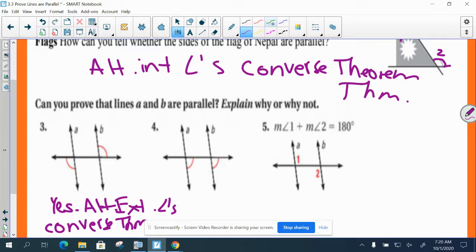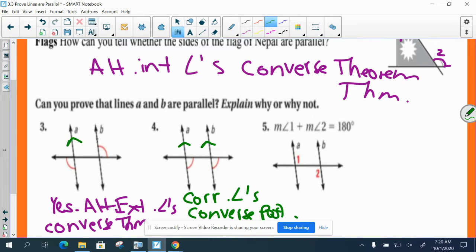How about number 4? This would be yes, by the corresponding angles converse postulate. Therefore, line A is parallel to line B.